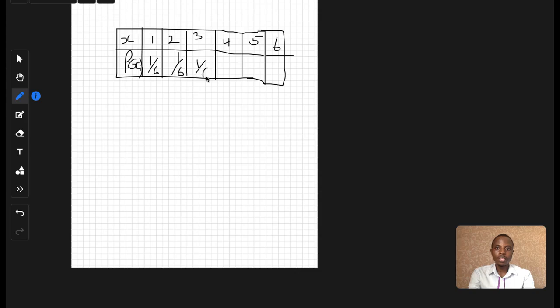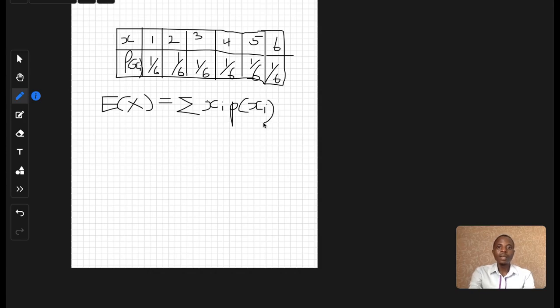And so, since everything is 1 over 6, it follows the case we just discussed that P of xi may change to 1 over n. Nonetheless, I would like to write the expected value as it should be written. That will help you get used to it. If you keep writing it, you get used to it. Now, what would the mean be?